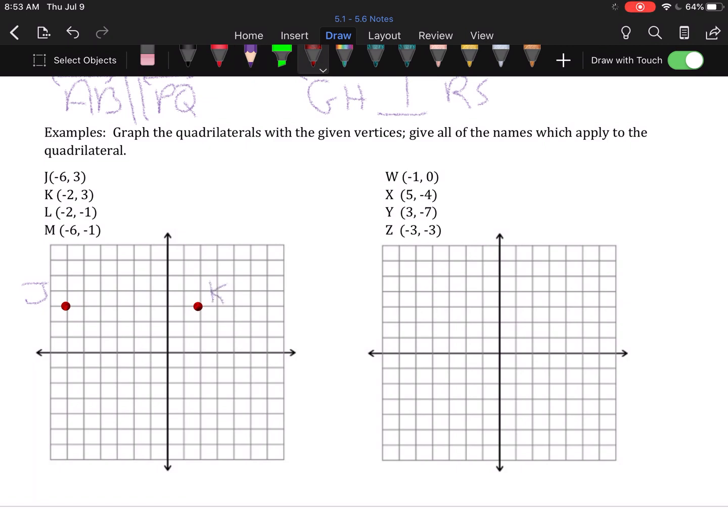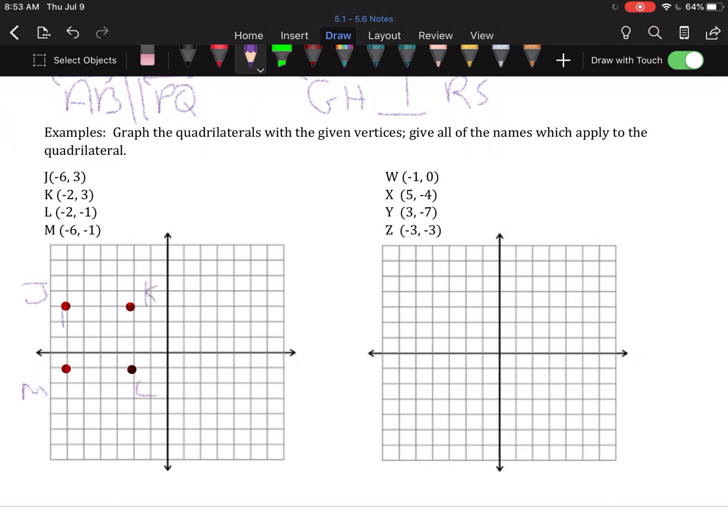That's K. L is at, negative 2, positive 3 is not there. Negative 2, positive 3 is over here. It's left 2, up 3. L is at negative 2, negative 1, which is left 2, down 1. And M is at negative 6, negative 1, which is left 6, down 1.